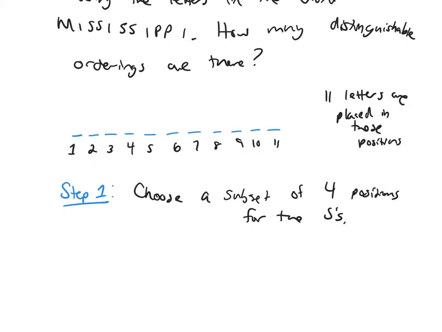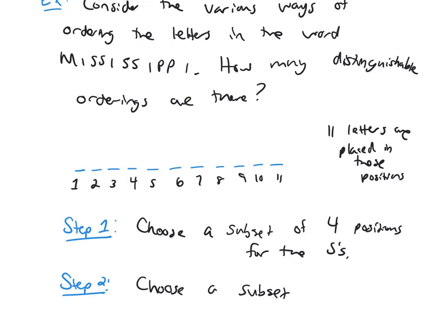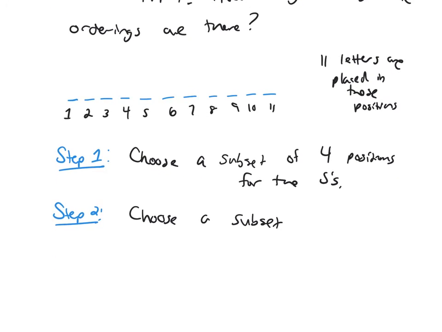Then step 2, you're going to place the I's down. There are 4 I's, so you're going to choose a subset of 4 positions for the I's. Step 3, we're going to place the P's down.